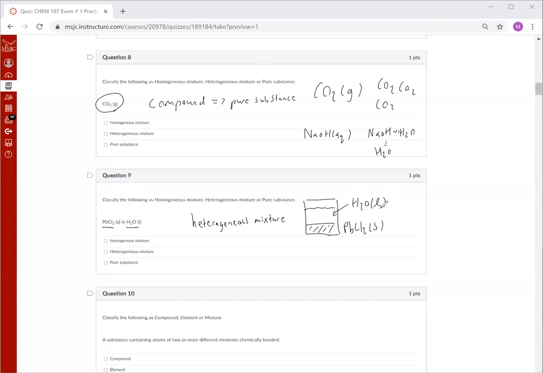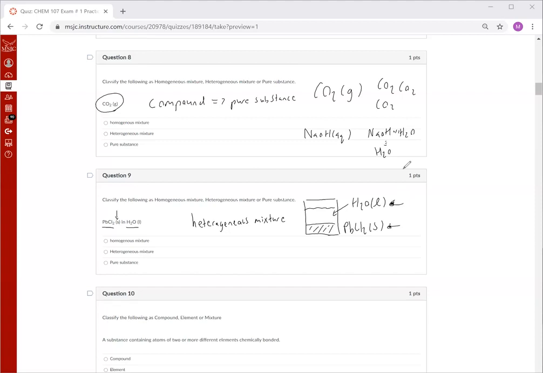But what if we don't know how to draw this picture? Then how do we determine? So looking at the state symbols, do you notice how the state symbols are different for our two compounds? Yes, different. So anytime we have a difference in state symbol, that implies that we have a separation of phase and a heterogeneous mixture.